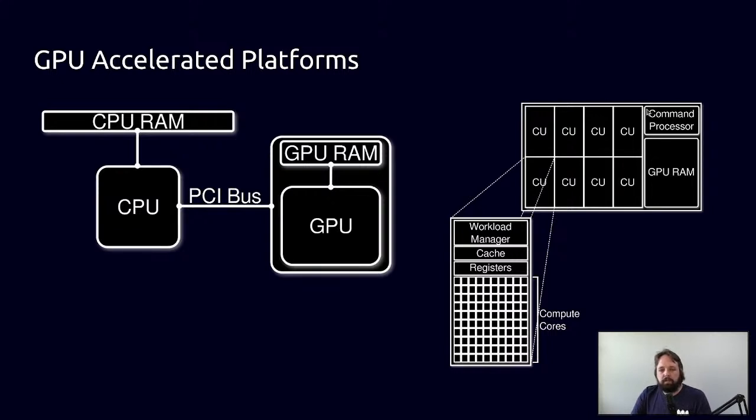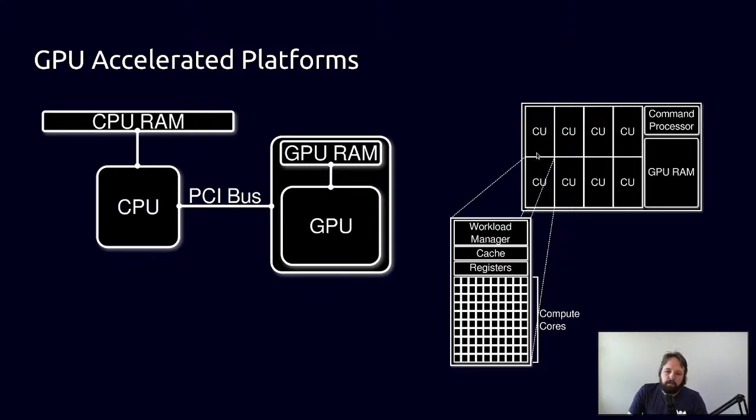The command processor is going to receive instructions specifically for executing kernels from the CPU, and it's going to divide those workloads that are sent across into smaller chunks and distribute those workloads to each of these what are called compute units. In the NVIDIA hardware, these compute units are referred to as streaming multiprocessors. The command processor is called a workload manager.